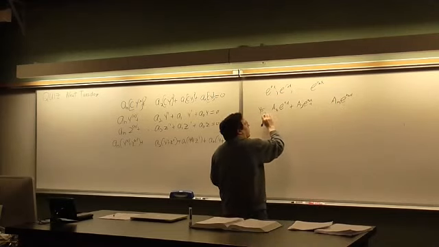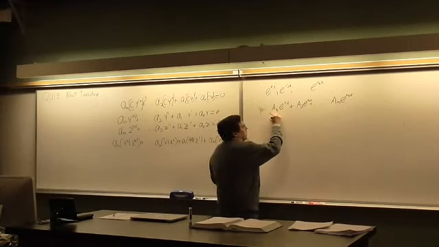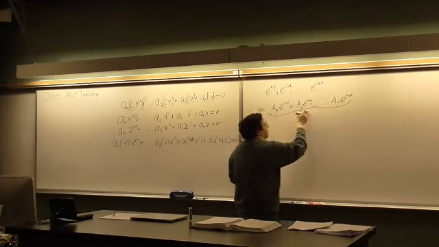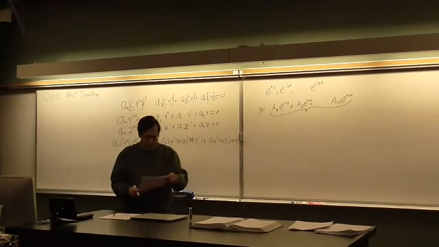Again, these are just arbitrary constants. Then this will be a solution. This is what I mean by a linear combination. Sum of the solutions times some arbitrary constant.